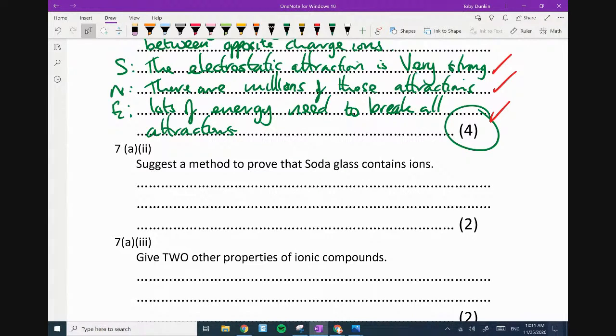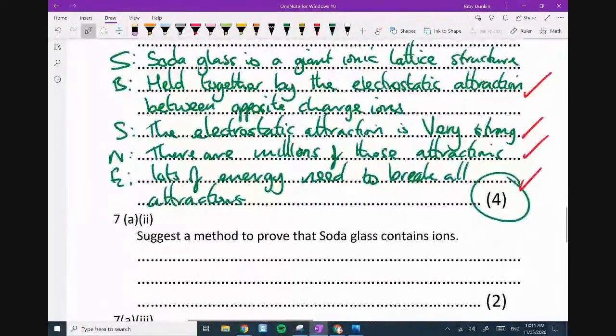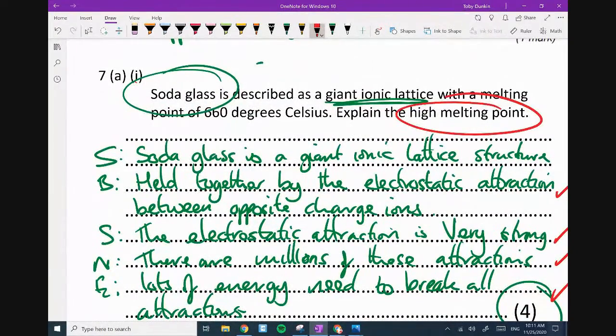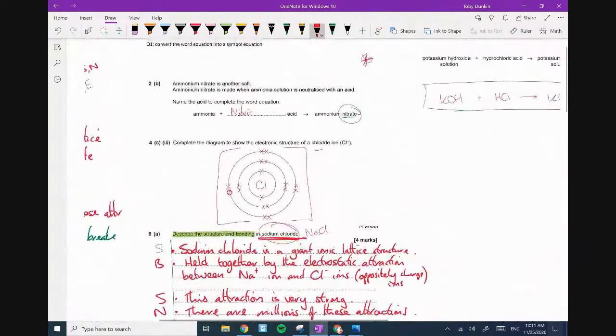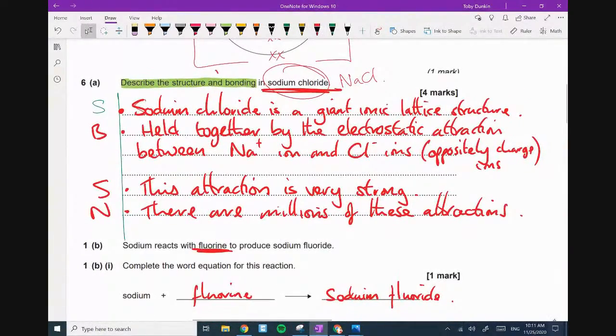Sir, for the 4 mark, do we have to include the last one? God, yes. Yes. Energy. As soon as you see melting point, you've got to mention energy, Jack. Got to. If they ask you to describe the structure, this one was simply describe the structure.